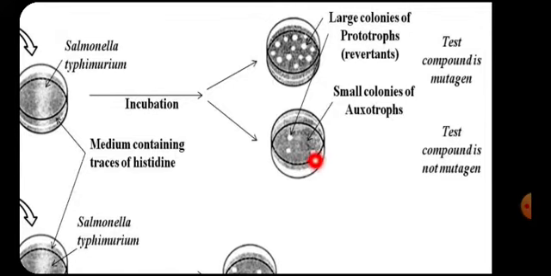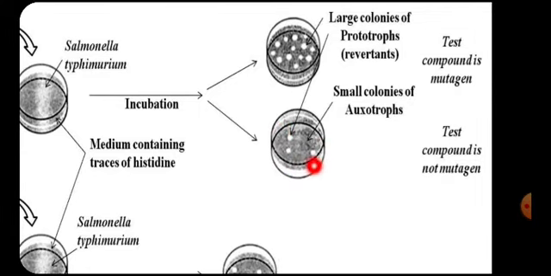However, we may find the presence of these large colonies. Then can we say that the test compound is a mutagen? No. Compare this plate with this plate. What difference do you see? If a chemical is a mutagen, then the number of large colonies is more, and here the number of large colonies is very less.